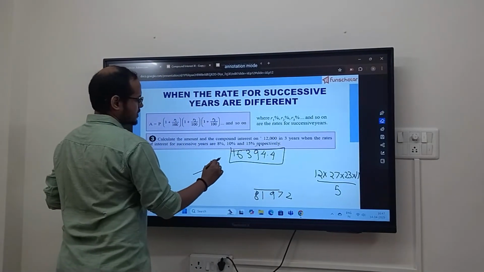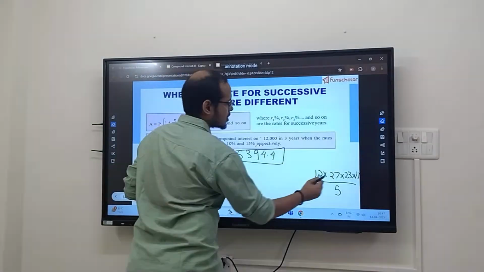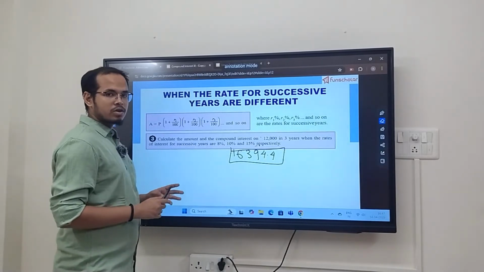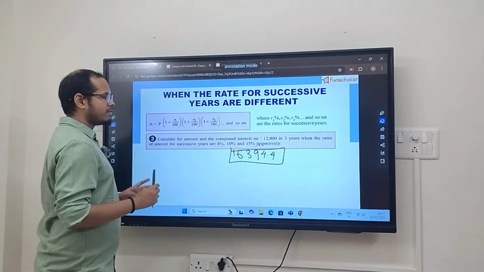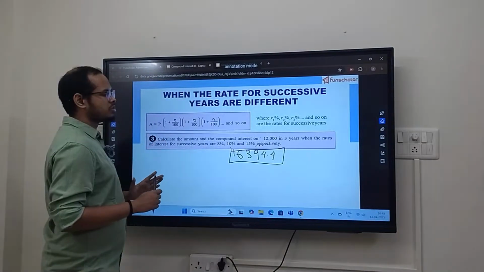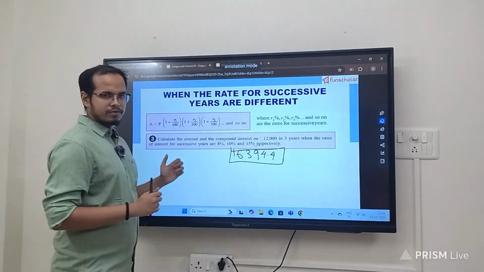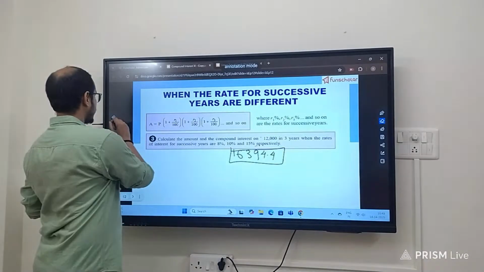See, this type of sum is always going to give you a reality check on calculations. I have given this sum first so that we know calculations are going to be an integral part of this chapter. This is going to be the amount.